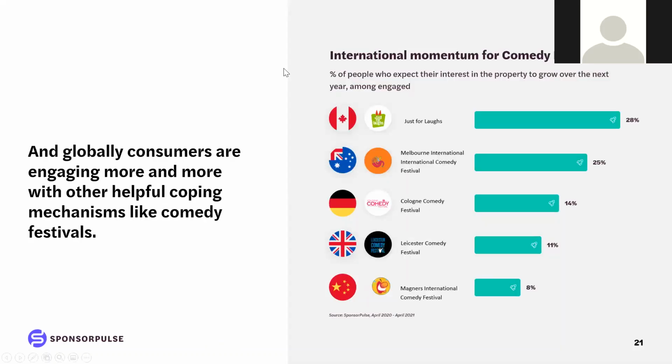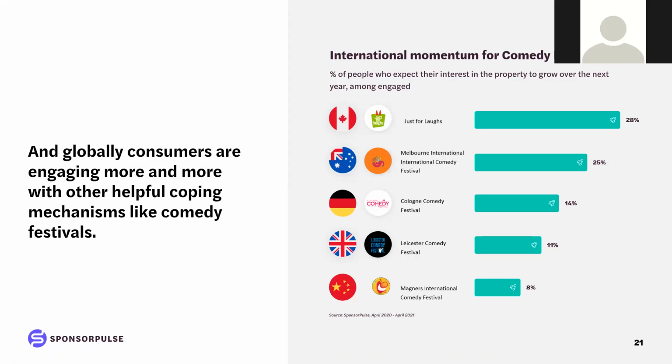The other thing we look at is not only mental health overall, but then you step back and say, okay, yes, mental health is a big concern, but what can we associate our brand with that can actually help, or does help to some degree, alleviate that? And it is support, but it's also fun and comedy and laughter. So when you look back at some of the comedy festivals from around the world, we're seeing significant momentum in people's intention to and interest in these festivals, and for them to get back so that they can laugh and be a part of these experiences.